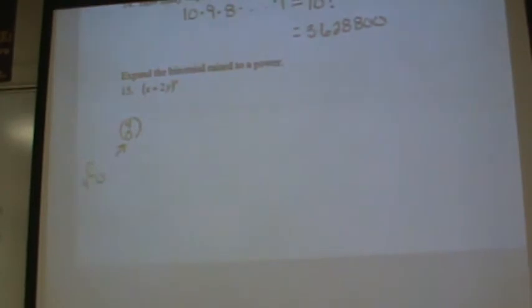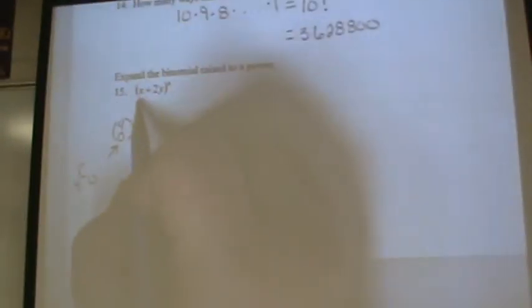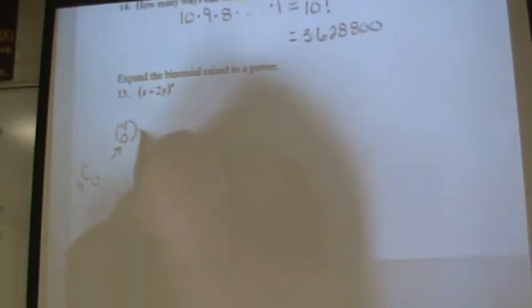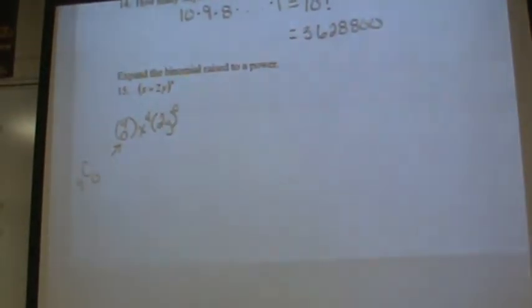So then we're going to multiply by our first term in the binomial, which is the x, and it's raised to the 4th power. And then we have our 2y, which will be to the 0 power to start out with. And again, remember that the first term, the exponents will be decreasing. Second term, the exponents will be increasing. This is an addition, so all of our terms will be added.